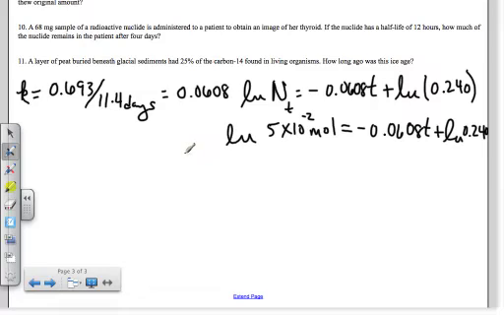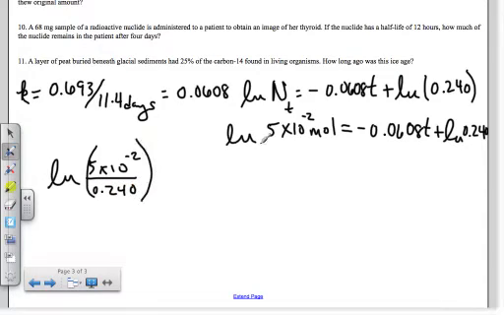So when I take the natural log of 5 times 10 to the minus 2, and so this is what I'm saying. If I do natural log of 5 times 10 to the minus 2 divided by 0.240, if I take ln of this minus this, because I'm bringing it to the other side, it's the same as doing this.